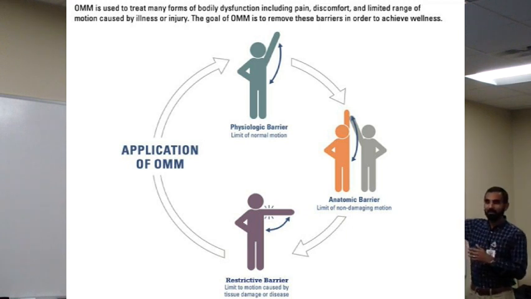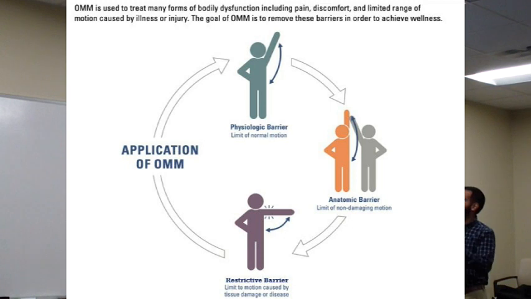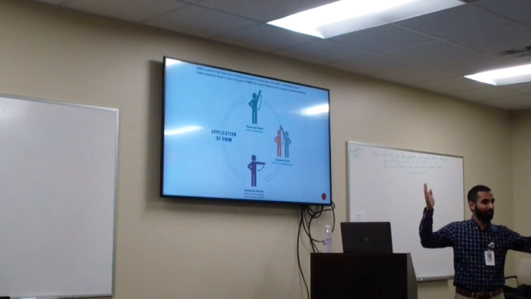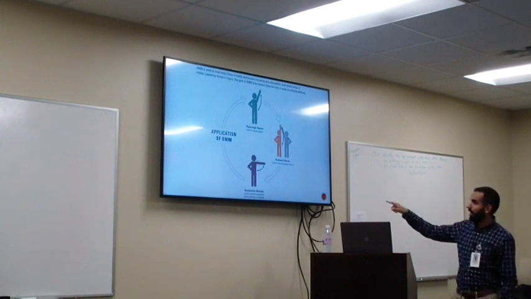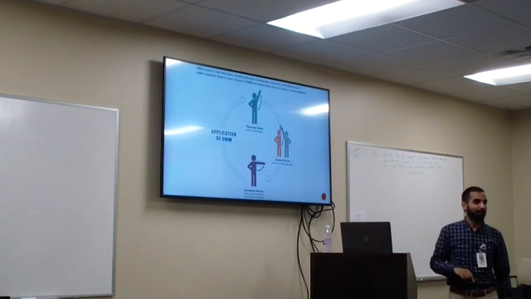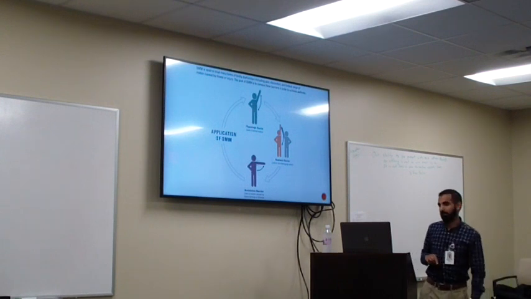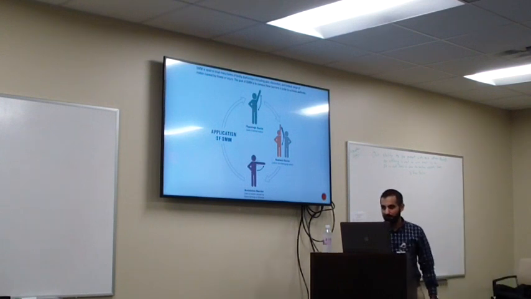The anatomical barrier is where the joint can comfortably go, but usually with passive assist. The restrictive barrier is somewhere before the physiologic barrier. The physiologic barrier is where ideally everyone should be able to go when they're actively doing an active range of motion. So when you find a restrictive barrier, that's when OMM would be indicated.